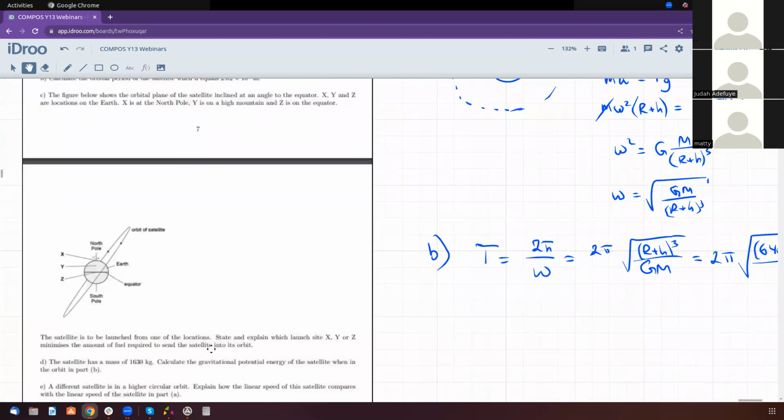State and explain which launch site minimizes the amount of fuel required to send the satellite into orbit.